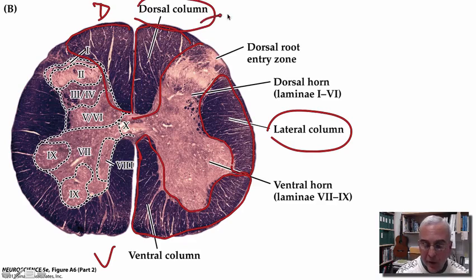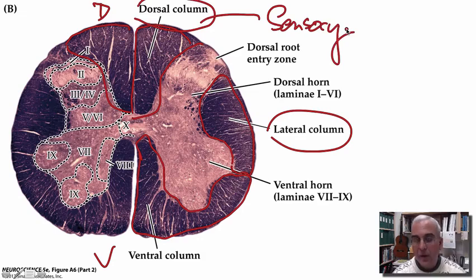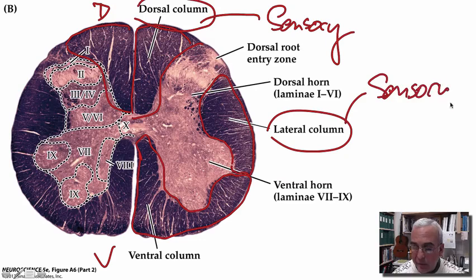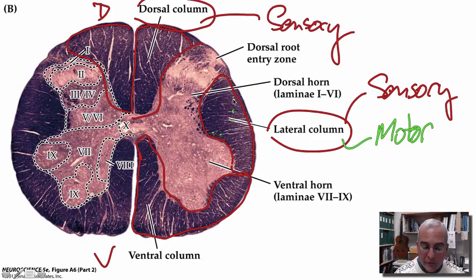Essentially, the dorsal column is a sensory zone. There are sensory axons that are ascending the spinal cord in the dorsal columns. In the lateral column, we have a mixture of sensory axons and one very large and very important motor pathway that occupies actually most of this lateral column, and that's the lateral corticospinal tract.